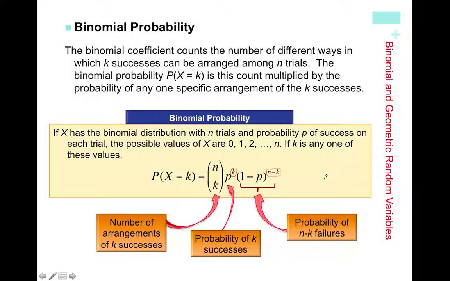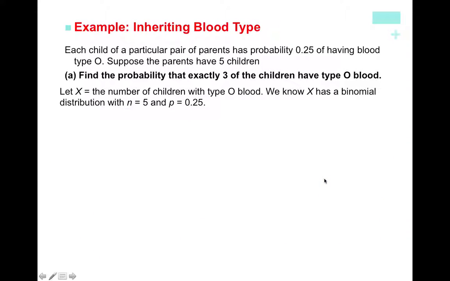Okay. So we'll just run through the same situation. We'll up it to 3 children having type O blood, and this time we'll run through that formula, okay? So same scenario as those last 2 examples. Now we're going to find the probability that exactly 3 of the children have type O blood. So we'll let x equal the number of children with type O blood.